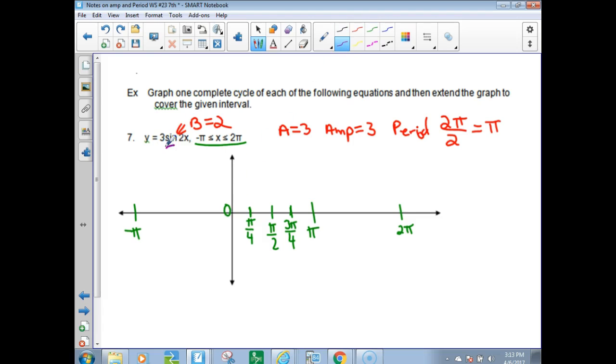This is a sine graph, so we will start at 0, 0. Oh, what's our amp? Up to 3, down to negative 3.